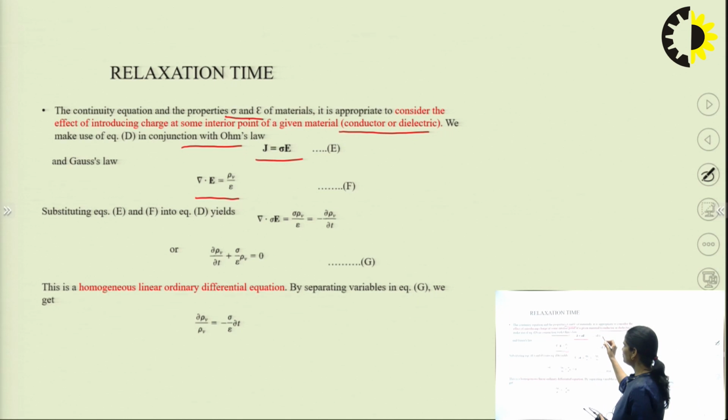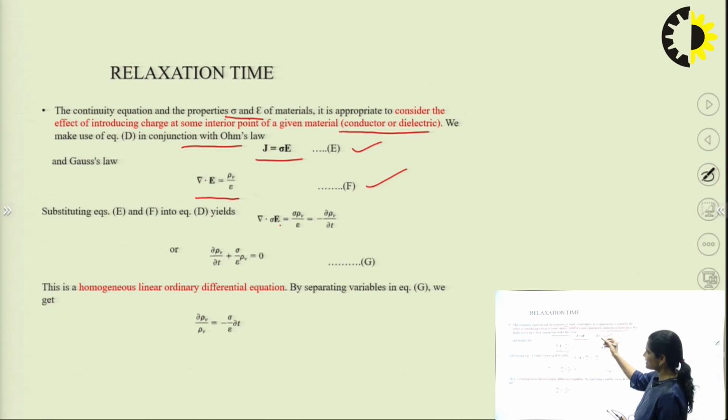Now substitute these two equations in equation D. Then you will get del dot sigma E is equal to sigma rho_v upon epsilon, and that is equal to minus del rho_v upon del t. When you substitute these in the previous equation D, you will get this relation.